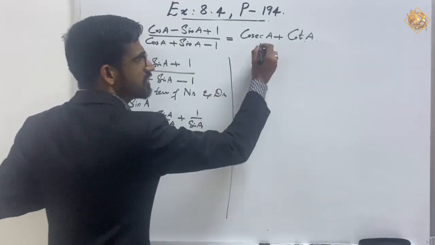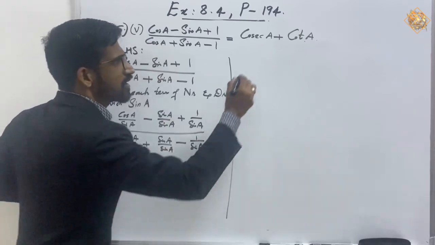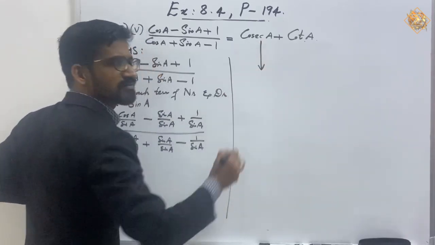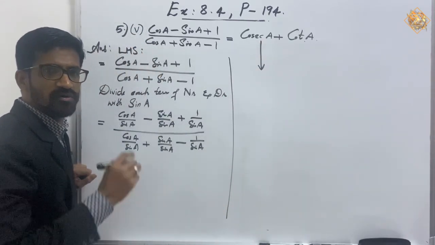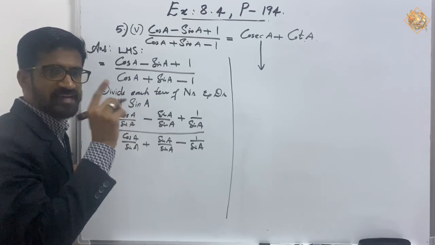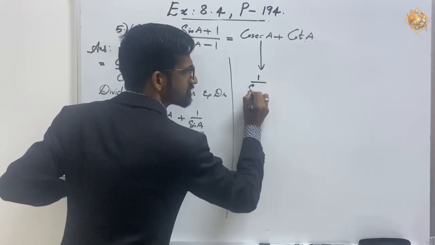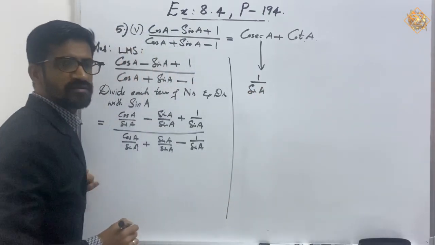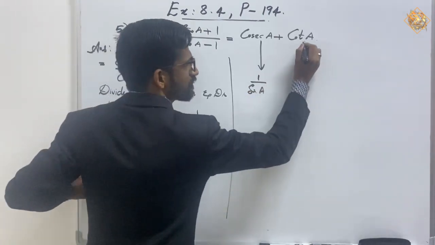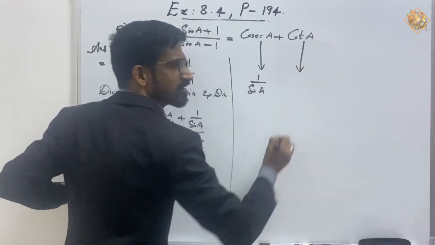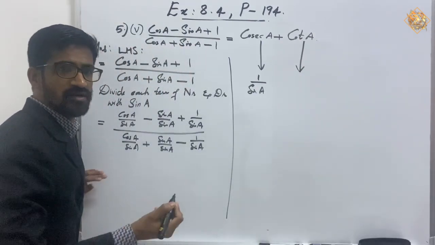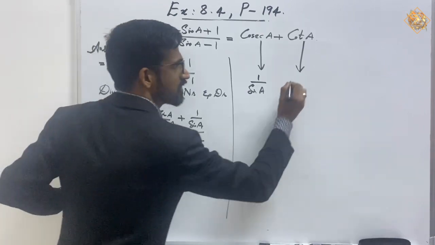I will show you why we divide. The reason for dividing is, here it is cosec. Cosec is the inverse function of sine, isn't it? Cosec we can write as 1 by sin A. And here we have cot A. Cot is cos A by sin A, isn't it?